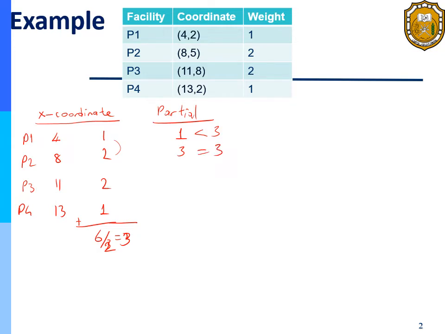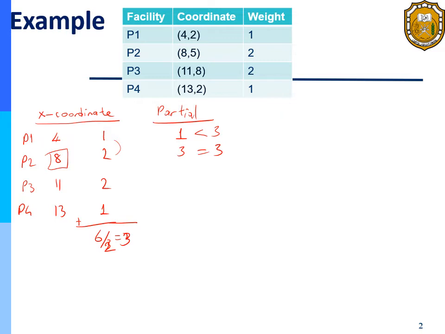Okay, so last time we discussed this. When it is equal, yes, it is optimal. Okay, it is optimal, but there are alternative optima, and the alternative optima starts from x coordinate 8 and moves until the next one, where this partial weight is strictly greater than the half.